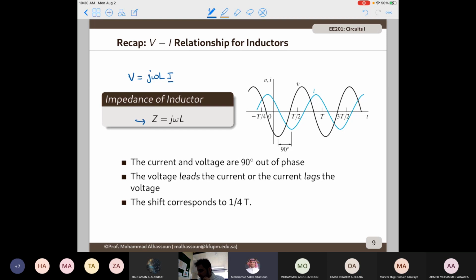We plot them, we see that the voltage leads the current, or the current lags the voltage. And this 90° shift corresponds to 1/4 of the period. So any questions about these concepts?